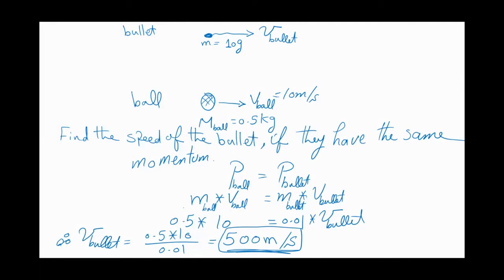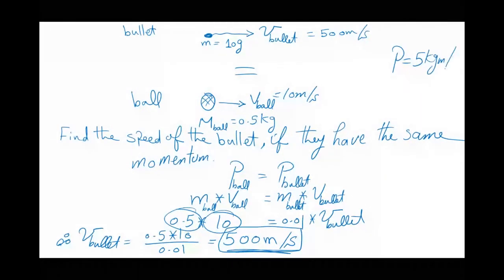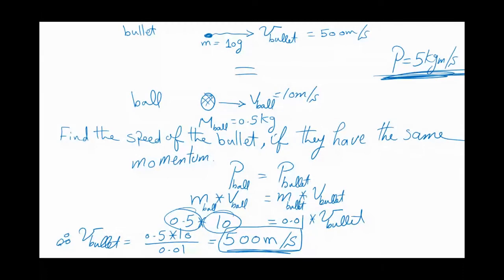So if the bullet moves at 500 meter per second, they will have the same momentum. What is the value of this momentum? It's 0.5 times 10, that's 5. The momentum of each one equals 5 kilogram meter per second.